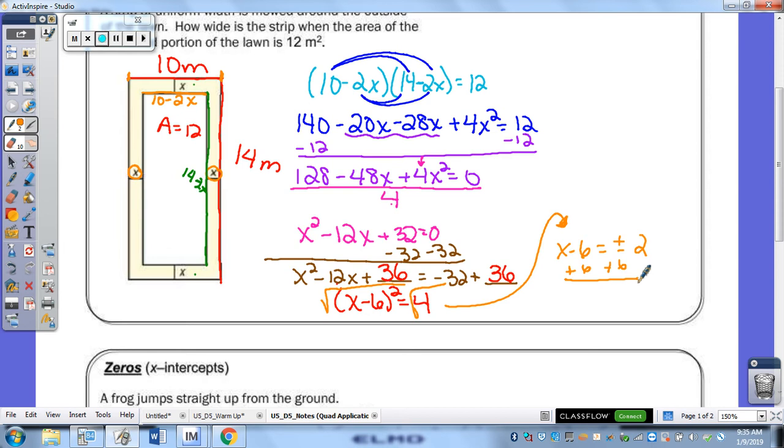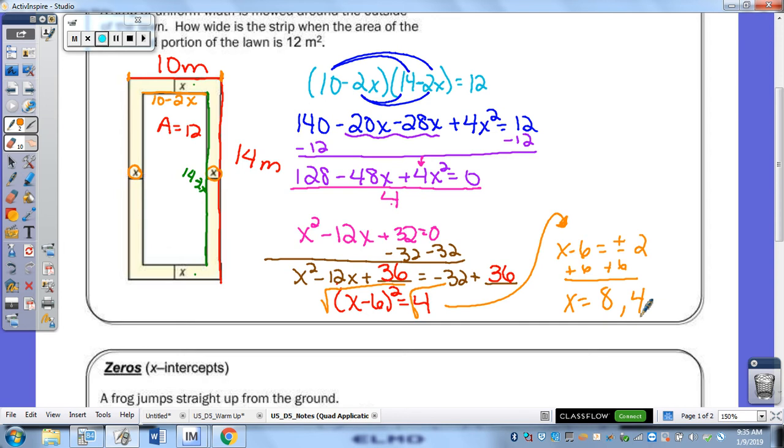The 4 from earlier is gone, because we divided by it. I didn't GCF it out, I divided by it. So 6 plus 2 gives me an answer of 8. 6 minus 2 gives me an answer of 4. So 8 and 4 are our two answers.